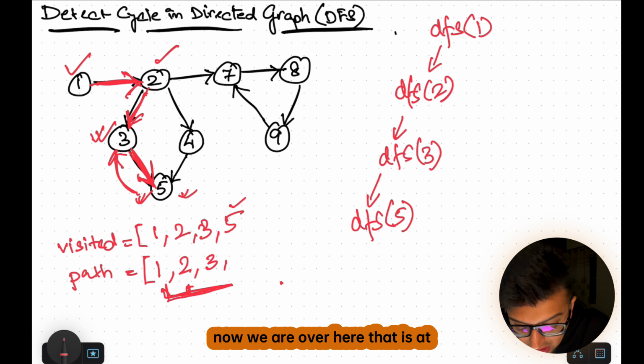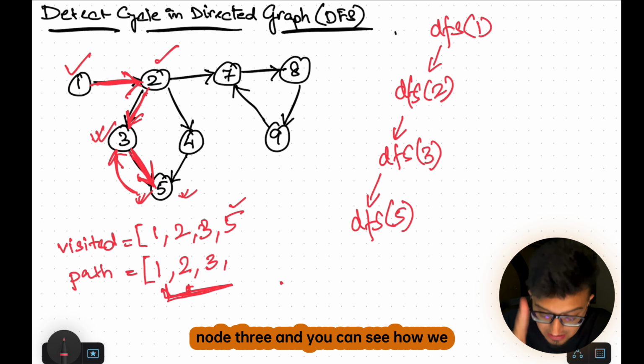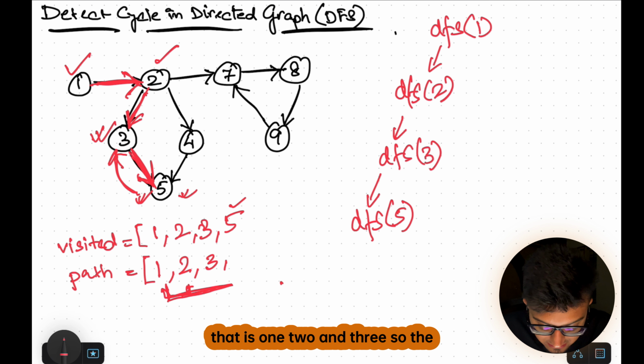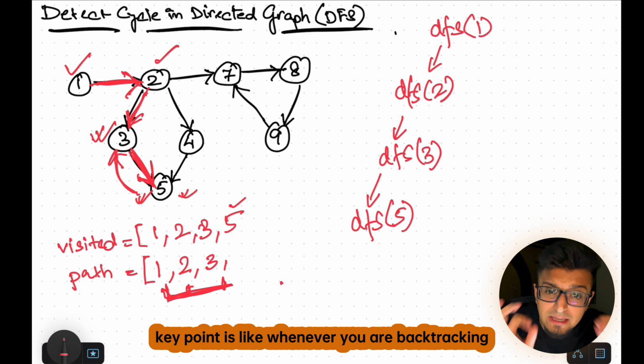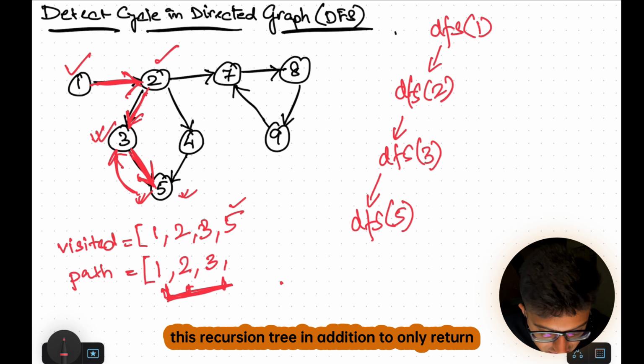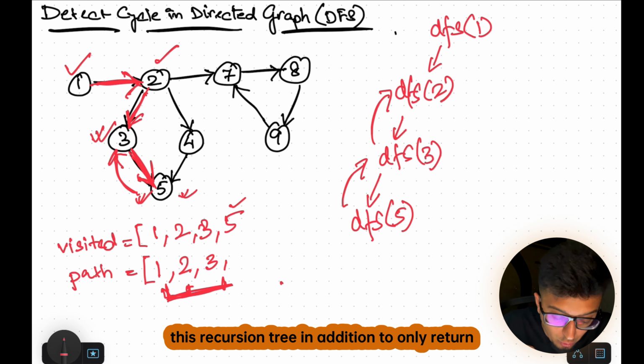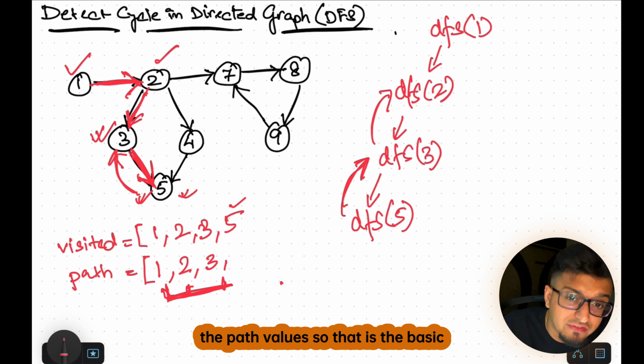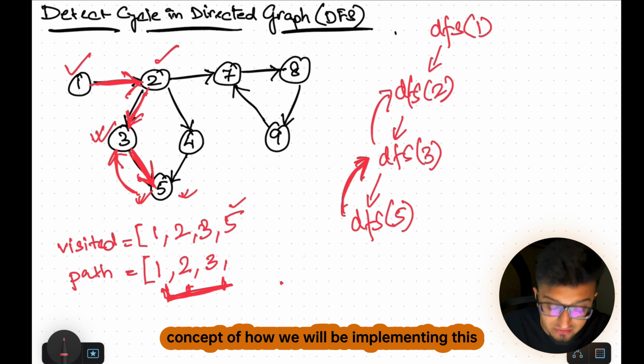Right now we are at node 3, and you can see how we reached node 3: we followed this path, 1, 2 and 3. So the key point is that whenever you are backtracking in this recursion tree, in addition to returning from the function, you also have to update the path values.